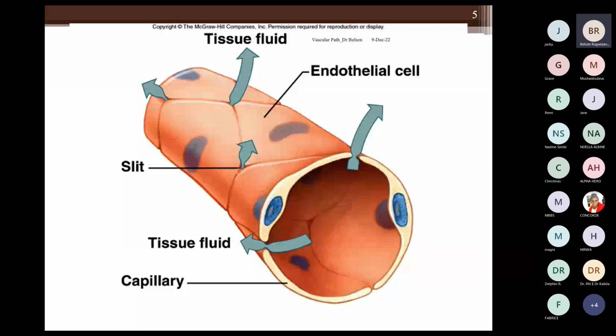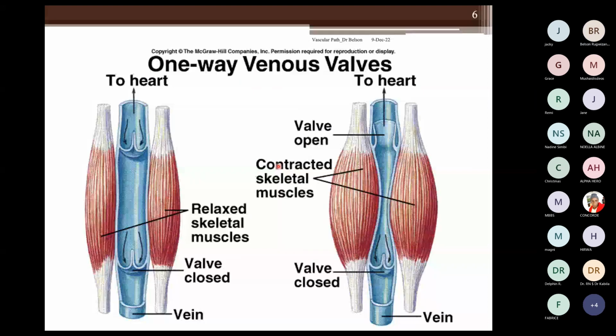But they have slits through which the fluid will escape to go outside, if this is at the arterial end, to bring oxygen and nutrients to the cells around. And then the slits on the venular end will be used to bring back the waste, if you can say so.